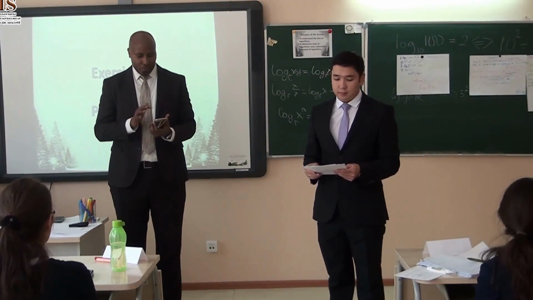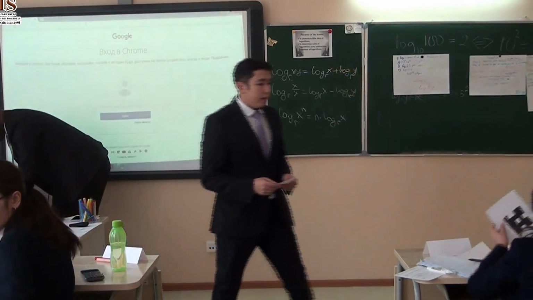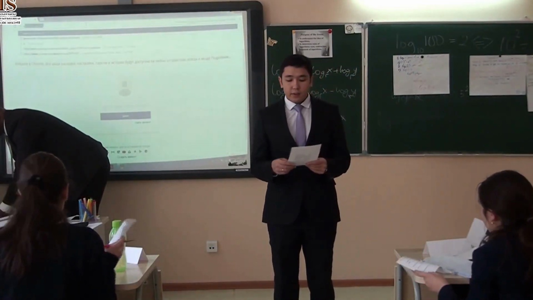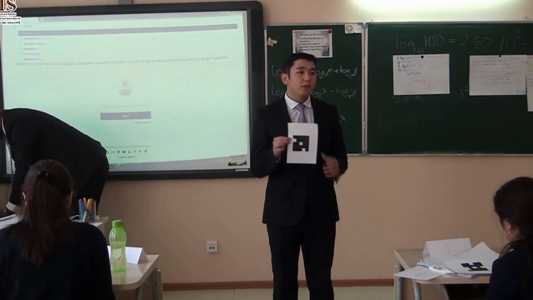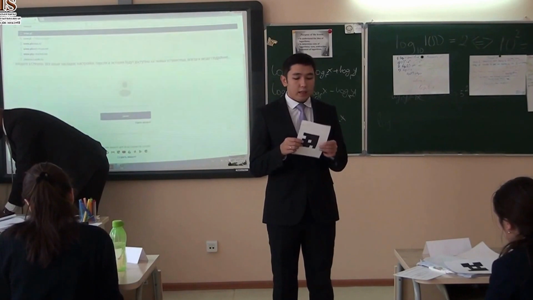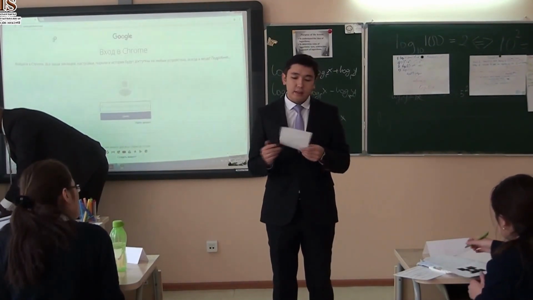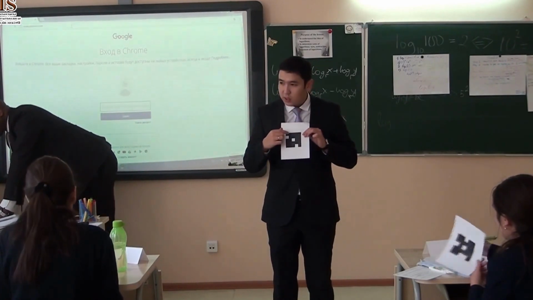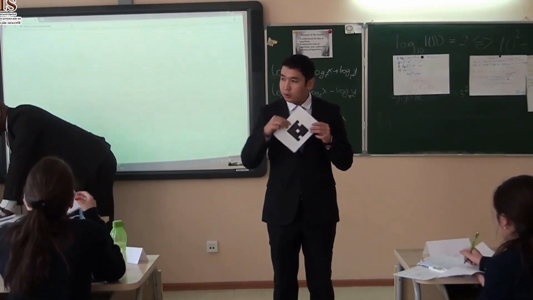We're going to use clickers for a small quiz, like a formative assessment, okay? Guys, you have this kind of pictures. Each student has a different picture, and you can see that you have letters here. A, if you turn it like this. B, if you turn it like this.